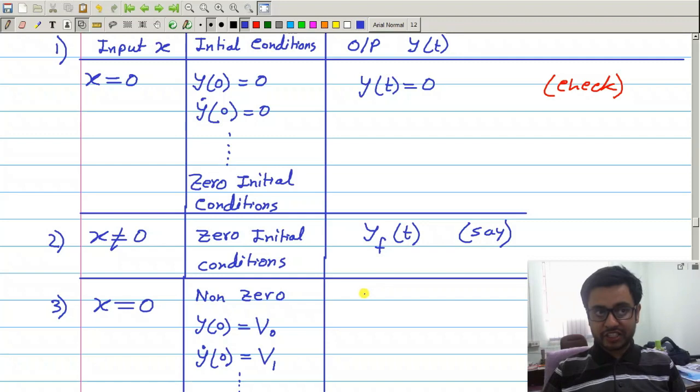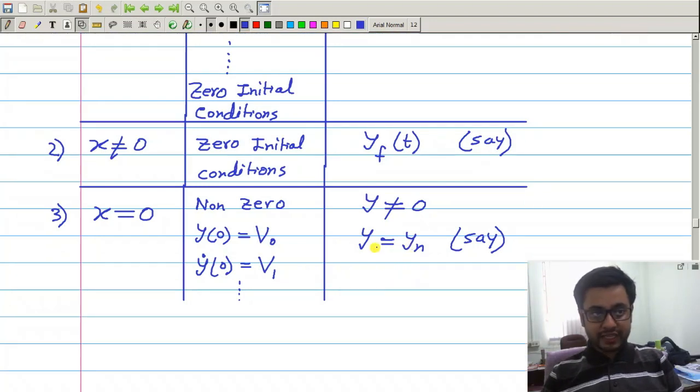Under this condition, what will be the output? Will it be 0? No, it cannot be 0, because then it will not satisfy these initial conditions. So you shall get some output which we will call yn, say.